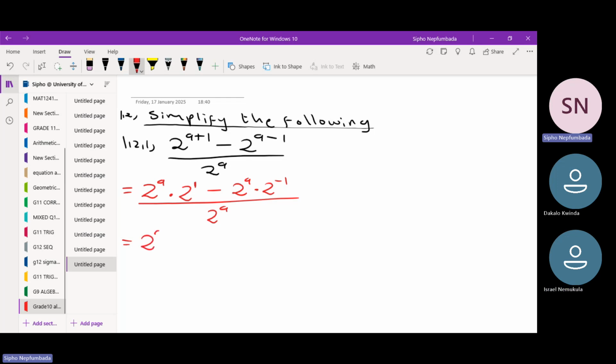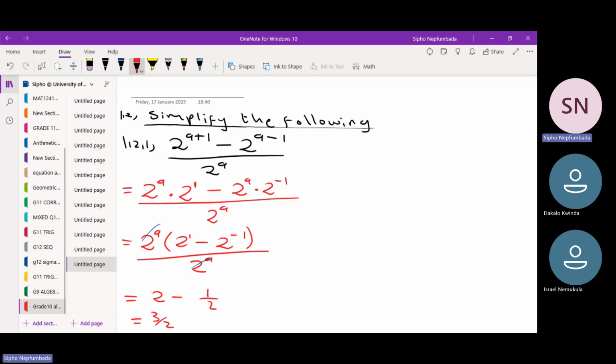This is 2 to the power of a into 2 to the power of 1 minus 2 to the power of -1, divided by 2 to the power of a. Then 2 to the power of a and 2 to the power of a cancel each other. Then we're going to be left with 2 minus 1 over 2, which is nothing but 3 over 2.